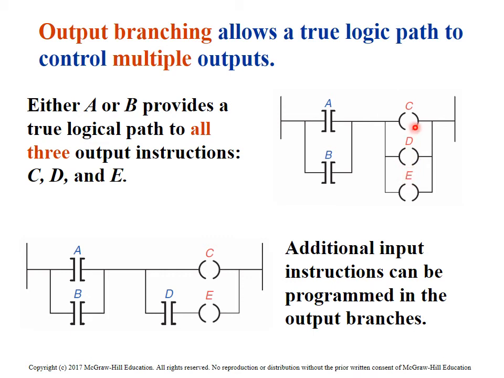Something that you will see in industry is they'll stack outputs, something very similar to this, on top of each other. That allows you to control multiple outputs with just a couple of inputs here.